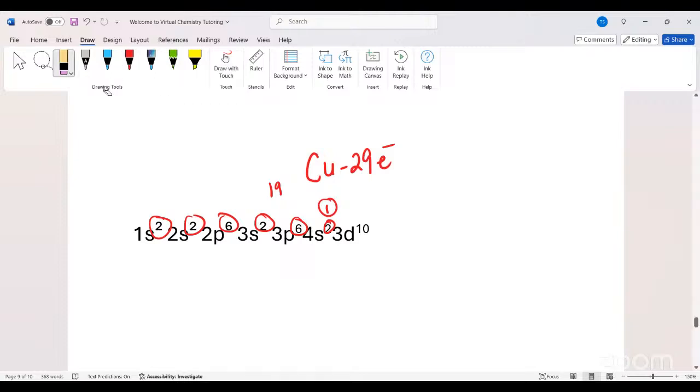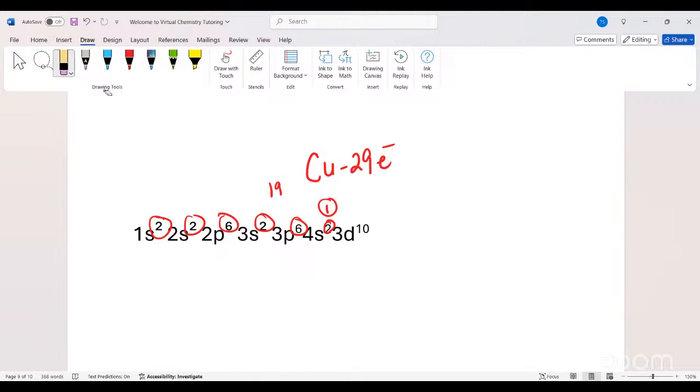So since we have 10 more that we need, we've got 2 plus 2 plus 6 is 10, plus 2, 12, plus the 6 right here is 18, plus the 1 right here is 19, and then right here, okay?